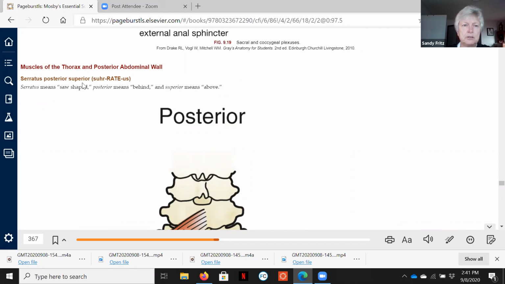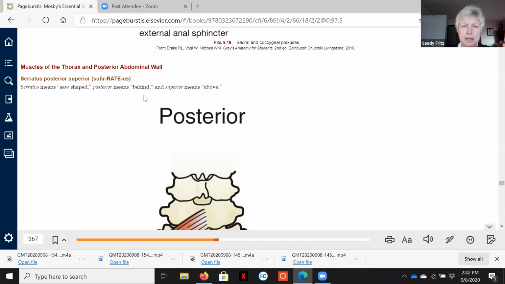Serratus, posterior, superior. And it helps you pronounce that. Serratus. Now see, I said serratus. If I'd looked at this, I would have had a better pronunciation of it. Serratus means saw-shaped.